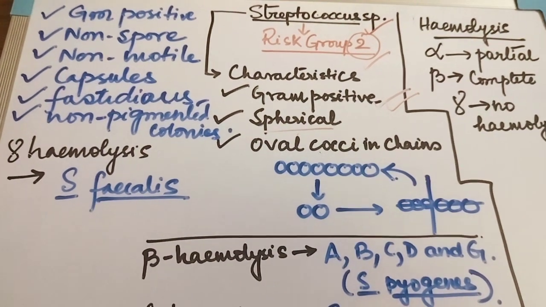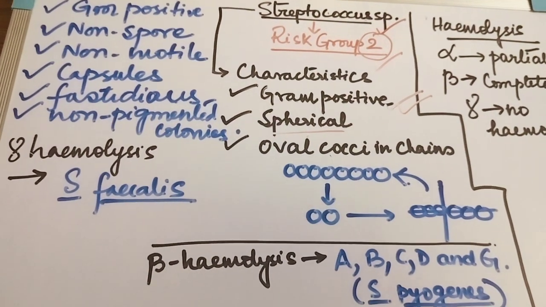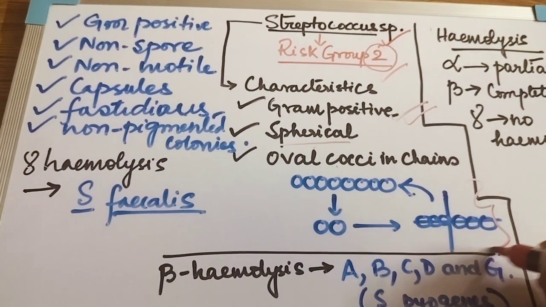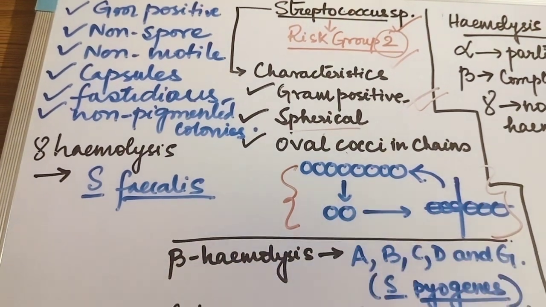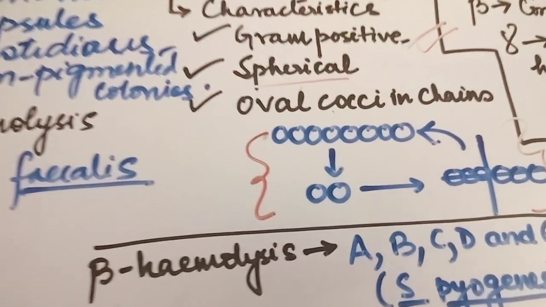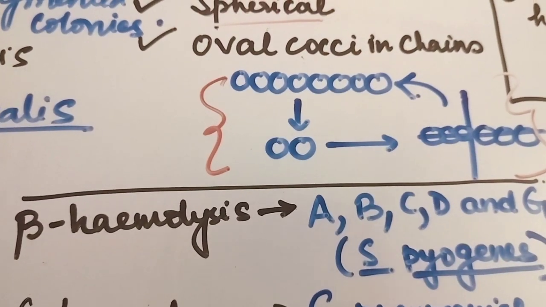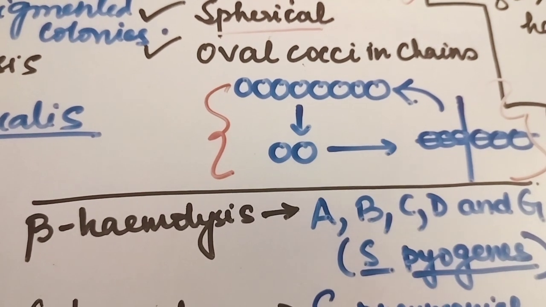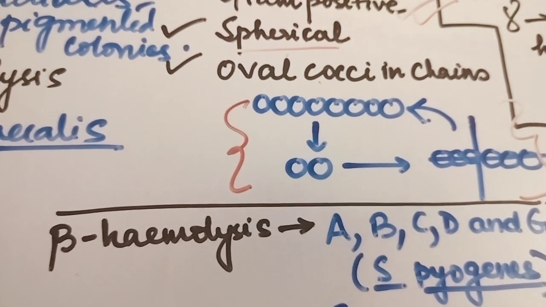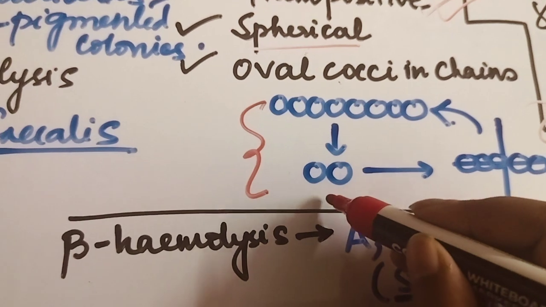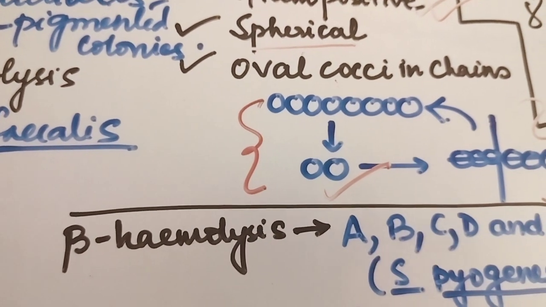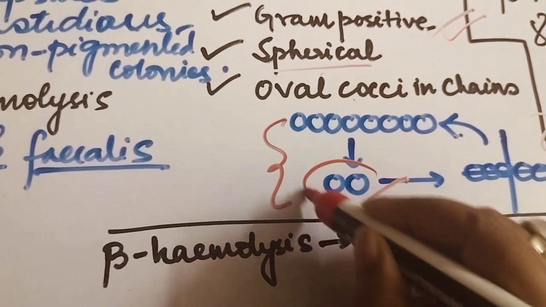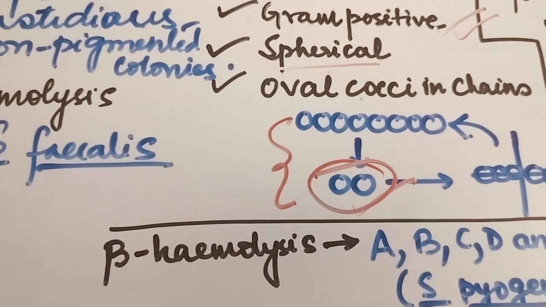What is the shape of it? It has a default shape, that is, oval cocci. This diagram is very important: you can see that these oval cocci are in chains. So when you see cocci in chains, it is from the Streptococcus genus. Going back to the Griffith experiment, which dealt with transformation, he used Diplococcus pneumoniae.